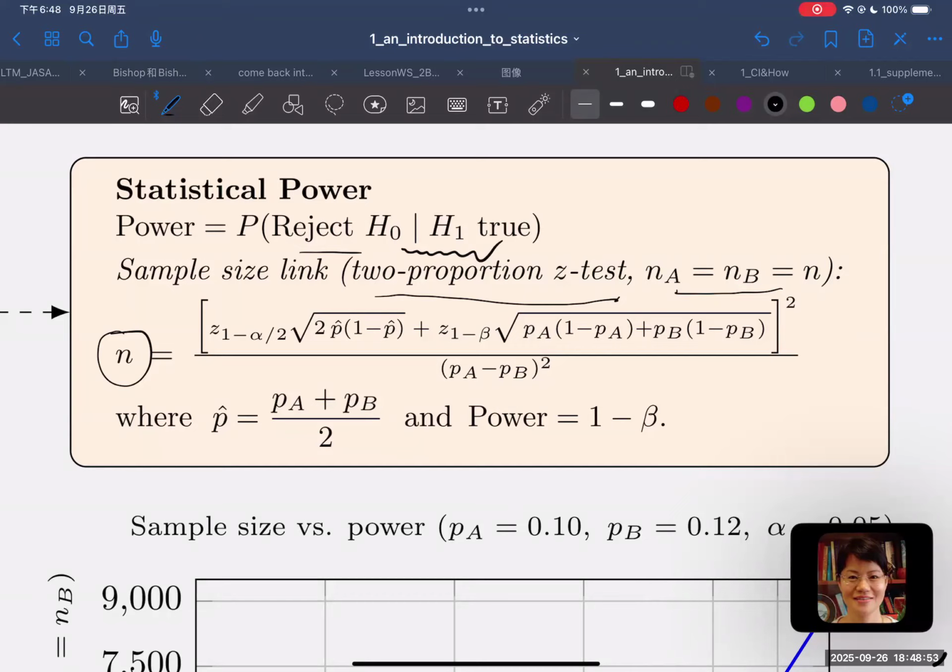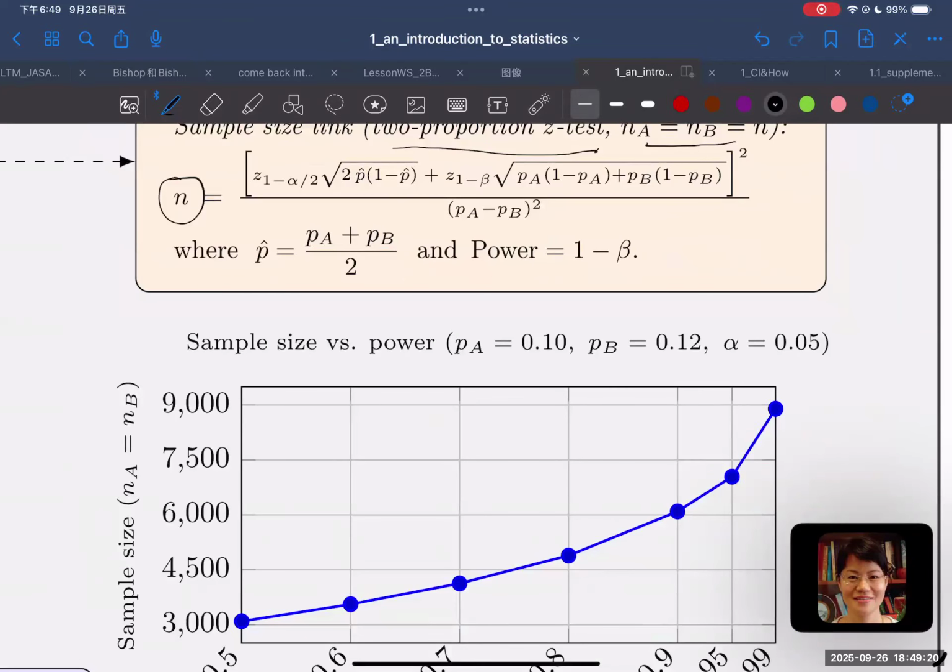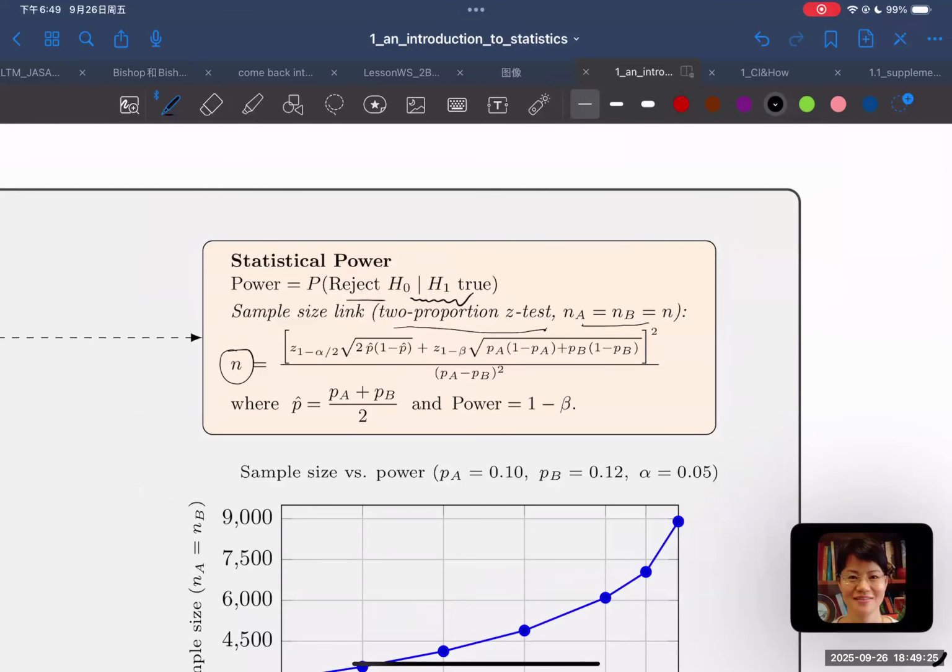I remember 10 years ago, when I started my collaboration with eye specialists in Hong Kong, my major work was to calculate the sample size for their trials, RCTs, and then later help them defend with the reviewers. So if you calculate sample size, you may refer to Professor Shao and Wang's book. Very useful. Also, there are many software packages that will help you calculate the sample size. This is a very important thing in clinical trials.